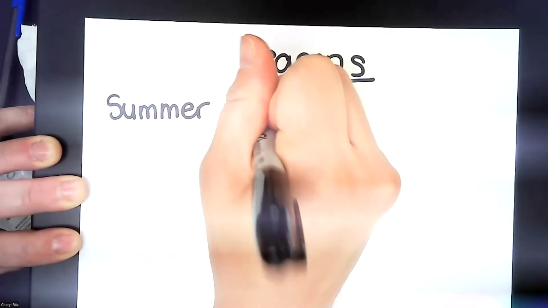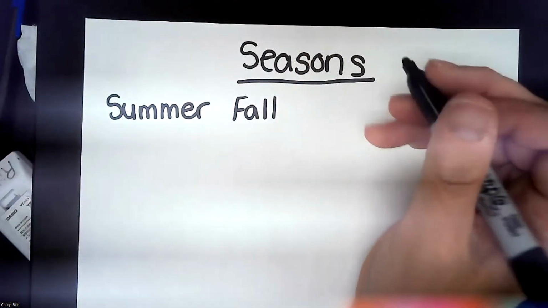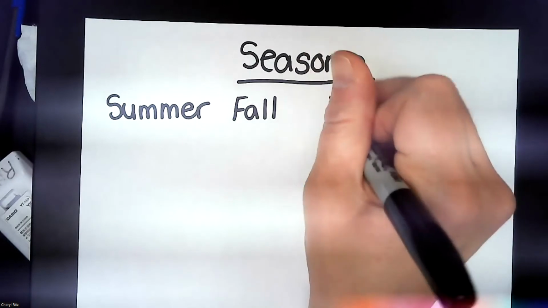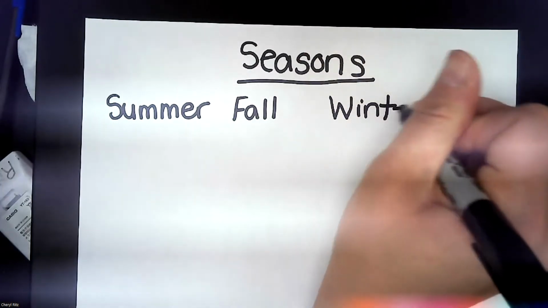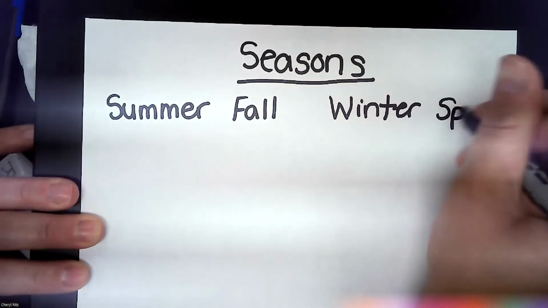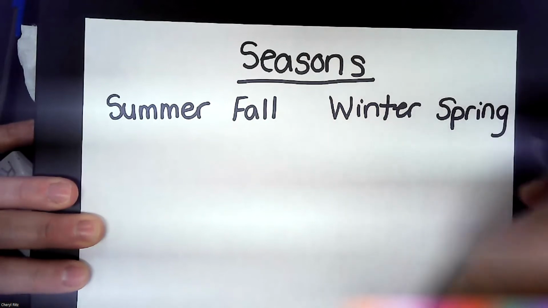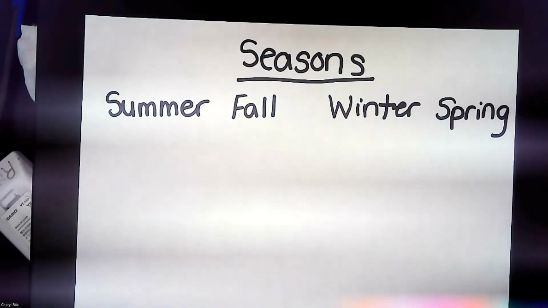What season comes after fall? And then winter. And then spring. I don't care where you want to start. We started in summer because it was a fun season, I guess.